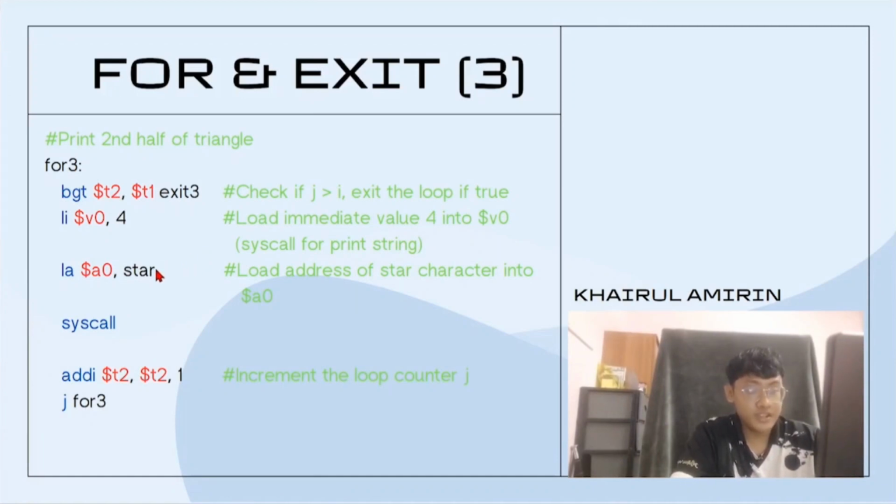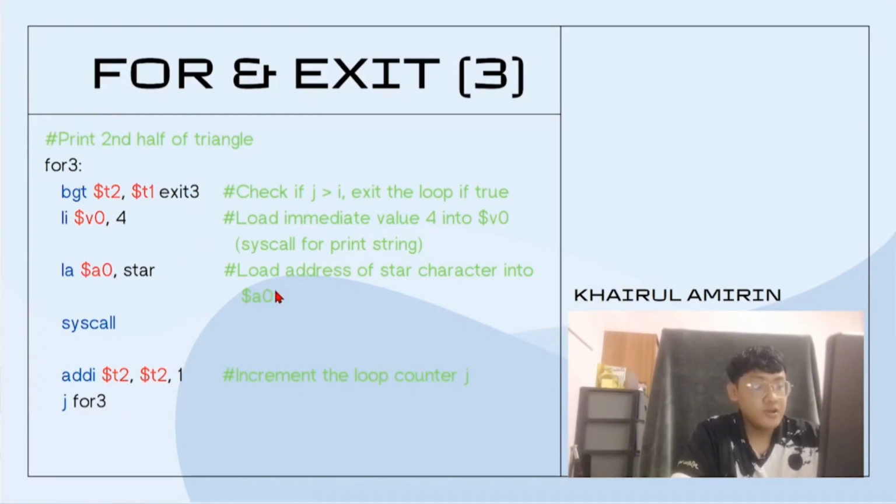Basically this line of code, as I point it out using my cursor here. After printing a star, T2 is incremented by 1 and the loop jumps back to the for 3. Basically it will go back to here.